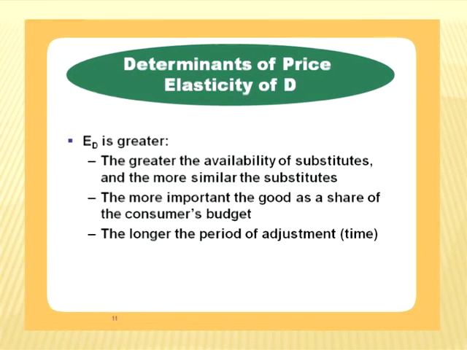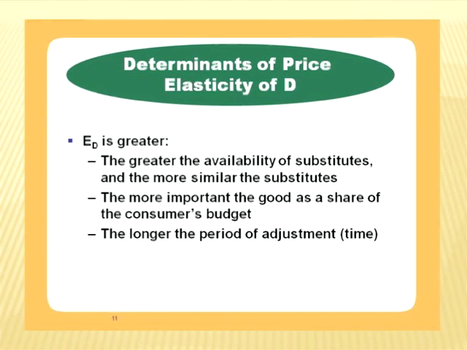So what causes this to happen? What causes us to be more responsive for some products and less responsive to other products? Well, there are three major things that will increase our responsiveness. The greater the availability of substitutes and the more similar those substitutes are, the more responsive we are. So to the extent that a product is very exclusive, that it's the only one, then our response will be more muted.